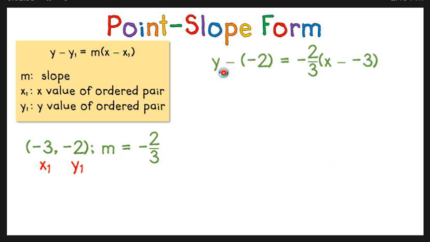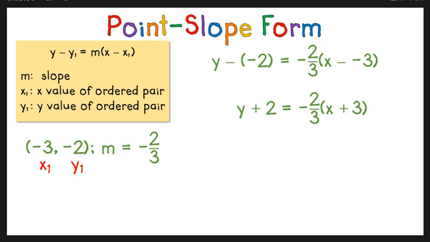Also recall that when we have minus a negative, or the opposite of negative, we can rewrite that as y plus 2 is equal to negative 2/3, and in parentheses, x minus negative 3 we can change to x plus 3. So we would then need to distribute the negative 2/3 to the x and to the positive 3.